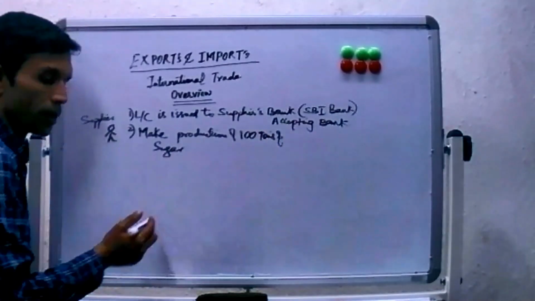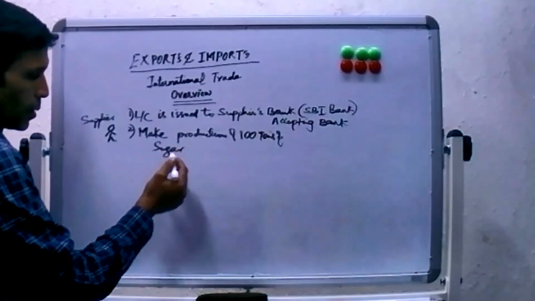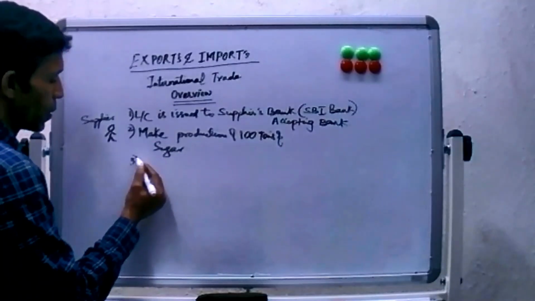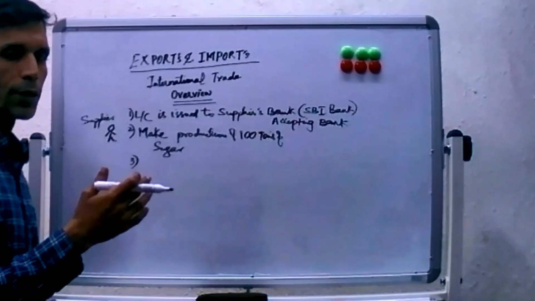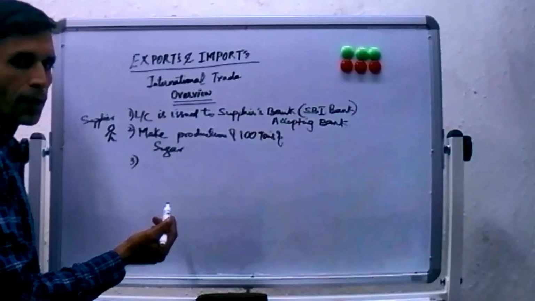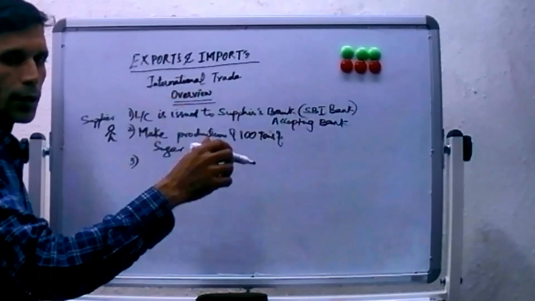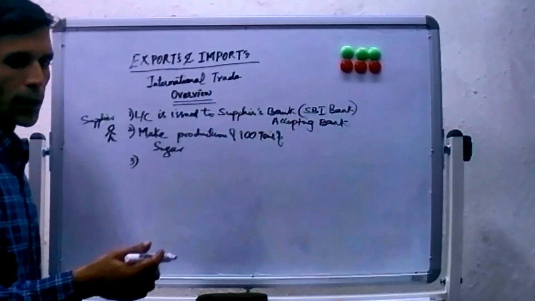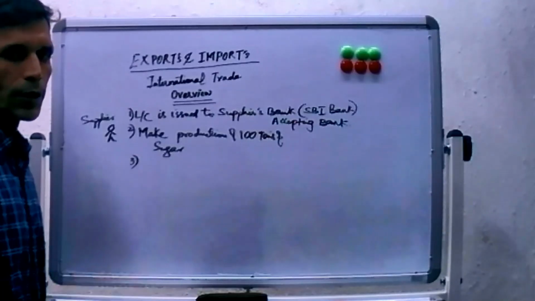Once he is done with the production, let us say it has taken about 15 days, and as we said it takes 60 days to reach Saudi Arabia, 15 days is the production time, and the remaining 15 days, let us say, is for arrangements and other formalities for packing and everything, and checking with a third party inspection agency, etc.